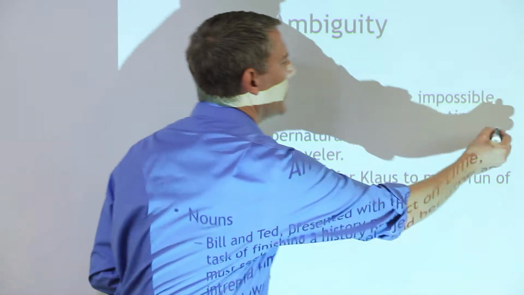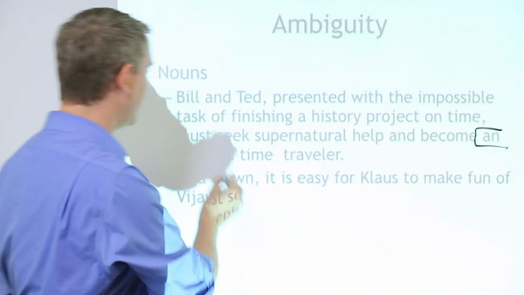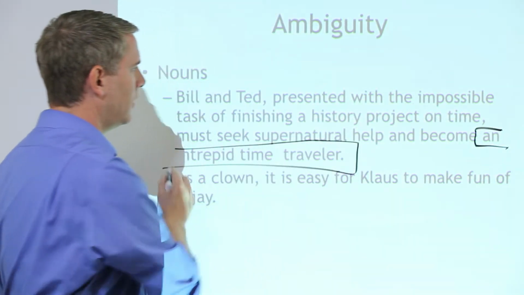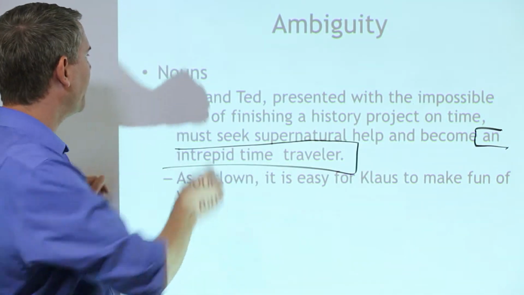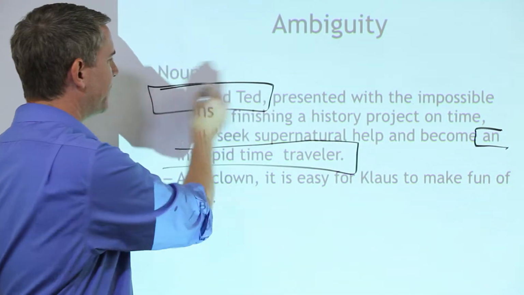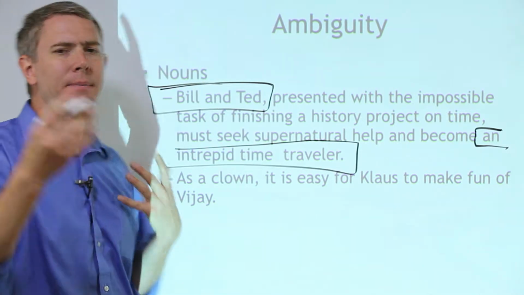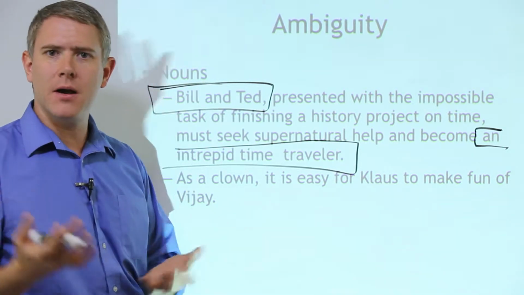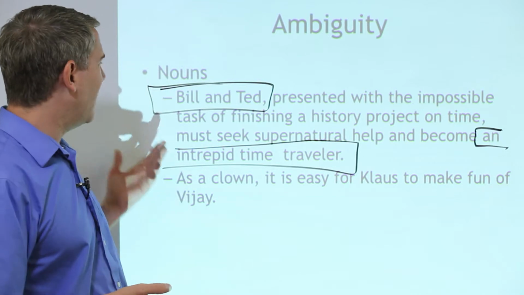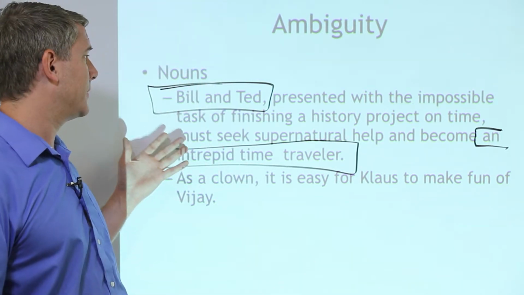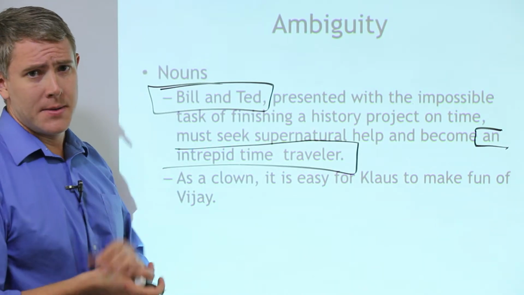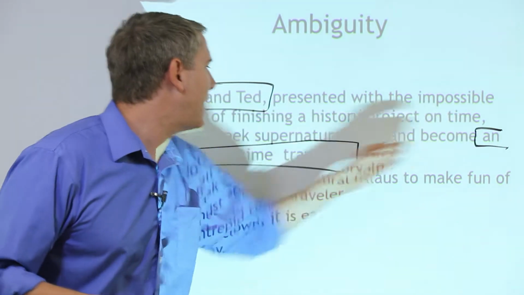Now look, we have Bill and Ted becoming an intrepid time traveler. This is singular, an intrepid time traveler, but Bill and Ted is plural. So again, I'm not sure, do they both have to become intrepid time travelers? Or is it just one of them? And if so, which one? It's ambiguous. It's introduced an ambiguity by not having these nouns line up correctly.